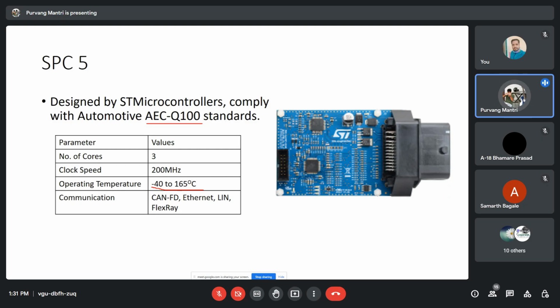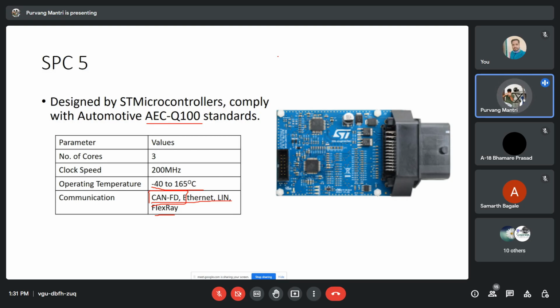Simultaneously, it has certain communication protocols already implemented in it, like CAN, CAN FD, Ethernet, LIN, and FlexRay. CAN bus protocol is highly used in our vehicles for communicating between microcontrollers. As you might be aware, there are various ECUs around our cars. One ECU would only be managing engine speed, another will be managing the HVAC or the AC system.